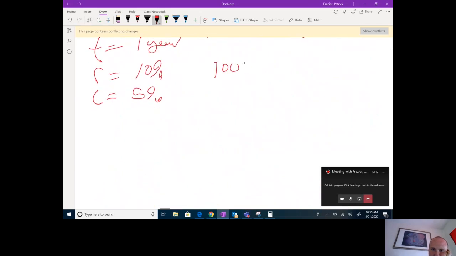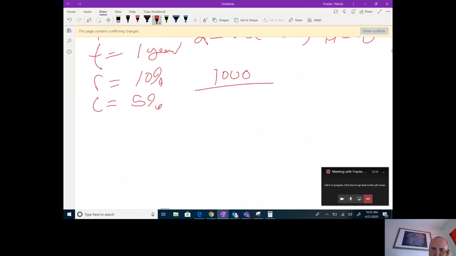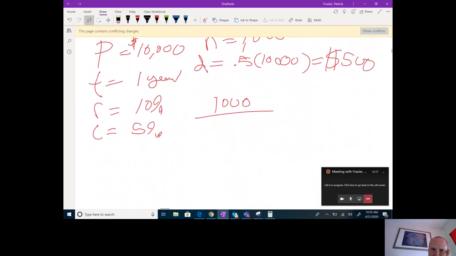So $1,000 divided by the net proceeds. Well, the net proceeds is going to be P, the principal, $10,000 minus N, which is $1,000, minus the deposit, D, which is $500.